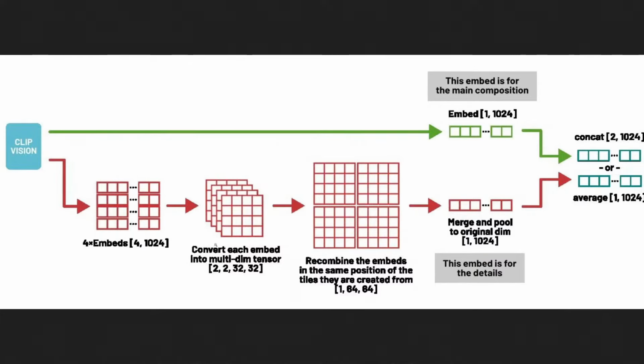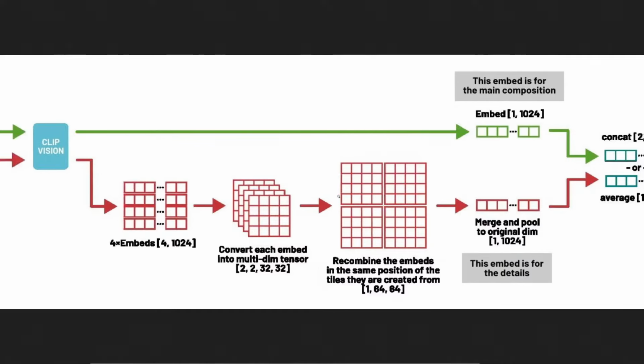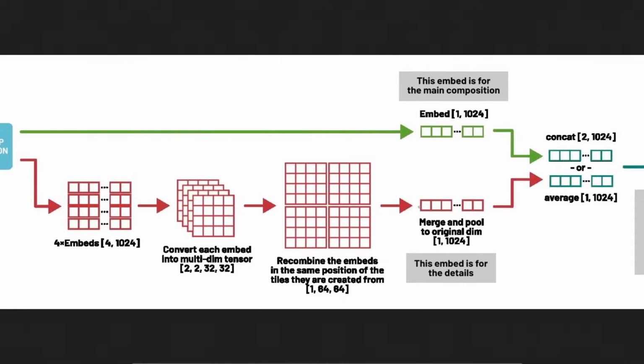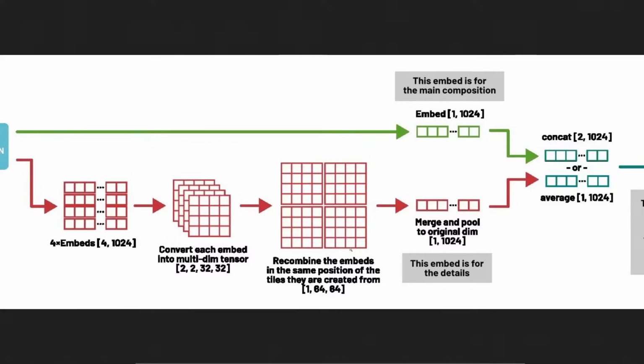So I take the embeds. The embeds is just a series of numbers. It's a one-dimensional array. I convert these numbers back into a two-dimensional array, and then I compose back the embeds, like you can see here in the middle. I compose back the original image with the embeds.